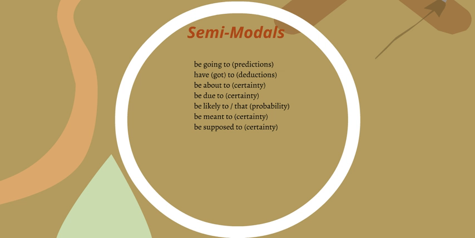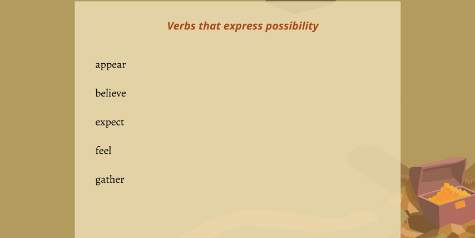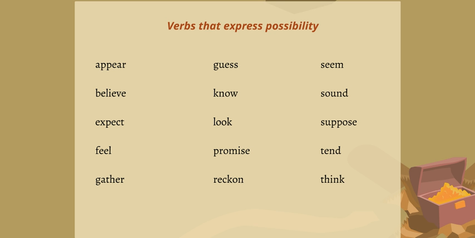And then finally, here are some verbs that also express possibility. There's a whole list here: appear, believe, expect, feel, gather, guess, know, look, promise, reckon, seem, sound, suppose, tend, think. Often if you use these, like "I reckon that's him," you're expressing a degree of possibility.